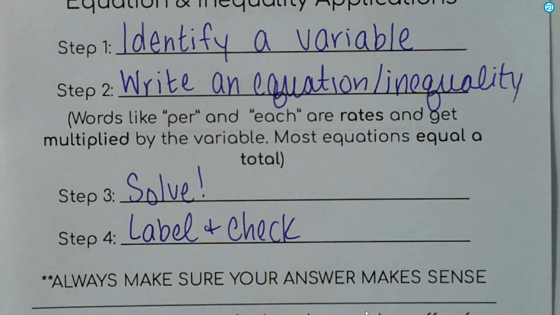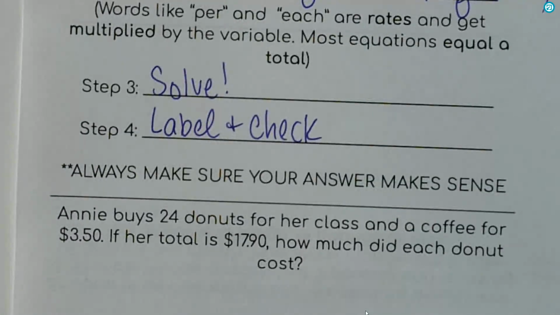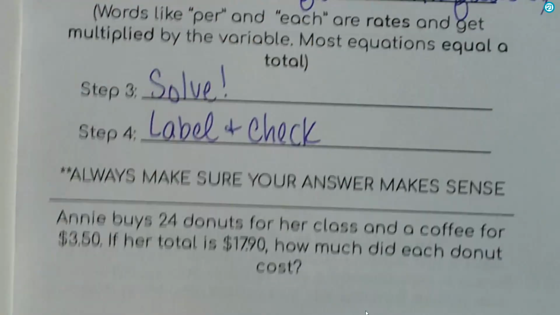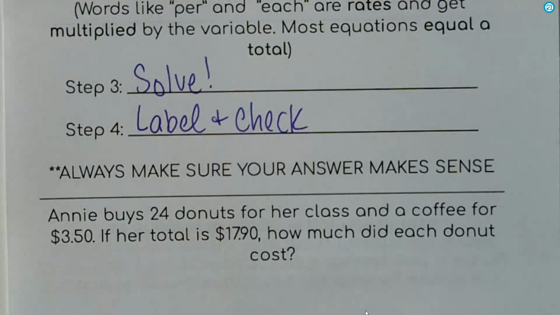In this first question, I'm asking you how much each donut costs. If at the end of that problem I get negative $17 per donut, that doesn't make sense, does it? No. If I know I spent a total of $17.90 and I get that each donut is $405, that doesn't make sense. So maybe go back and figure out where you went wrong, okay?